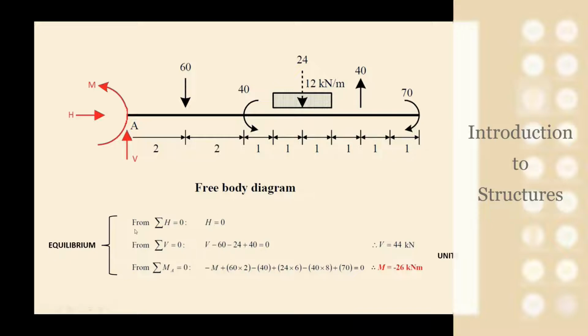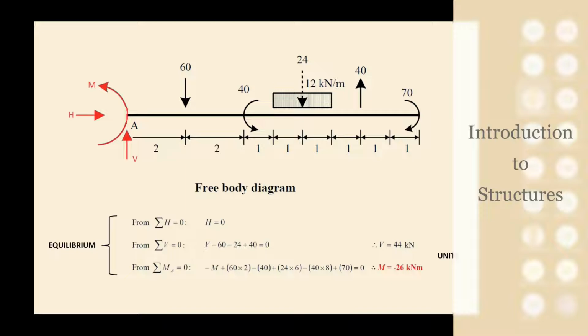So when we do the summation of forces in the horizontal direction in this cantilever beam, we realize that the only force in the horizontal direction is the reaction H. The equation for equilibrium in the horizontal direction will be H equal to 0, because there is no other component acting in the horizontal direction. All the other forces are acting in the vertical direction, or they are moments.